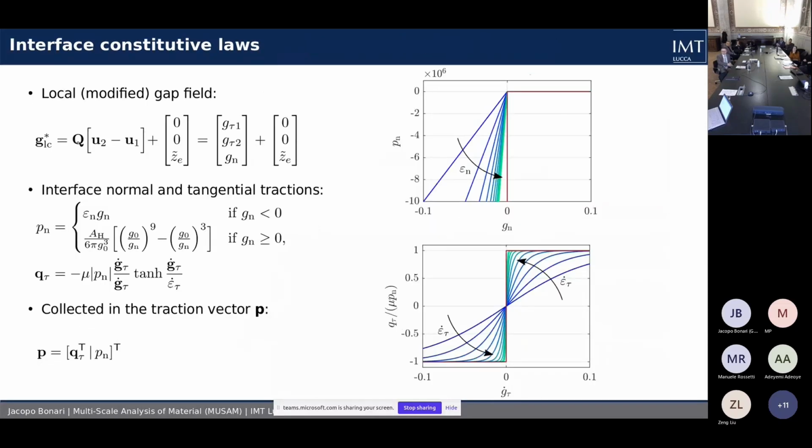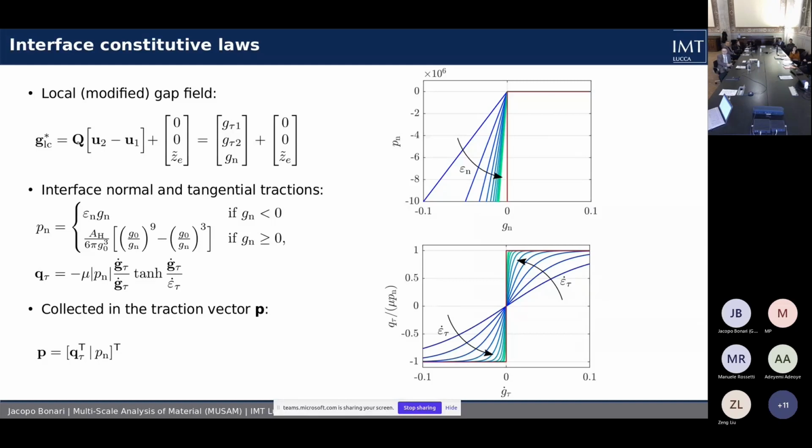And we might define a direct relation between the displacements, expressed in terms of normal gap Gn, and the forces in both the normal direction and horizontal direction by defining a regularized contact law.